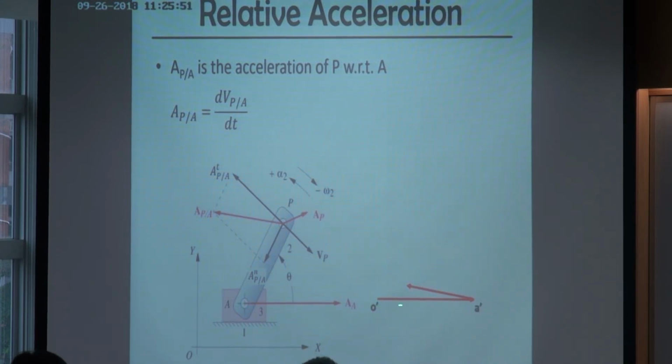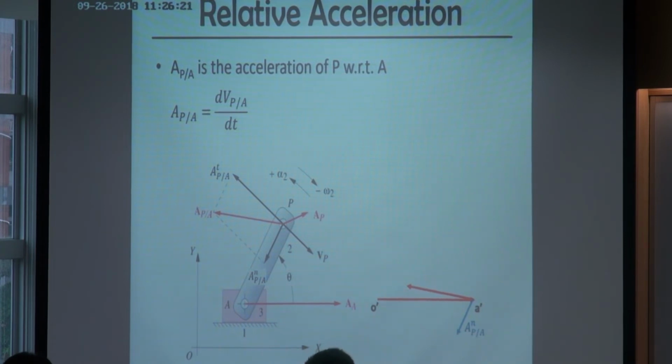We still draw the vector, but right now it's the acceleration vector. So the normal or centripetal acceleration is always pointing from B to A, from the point to the origin. So it has a normal component in this direction.